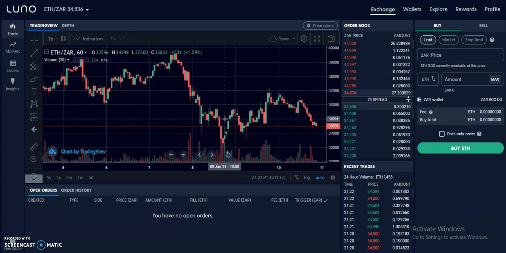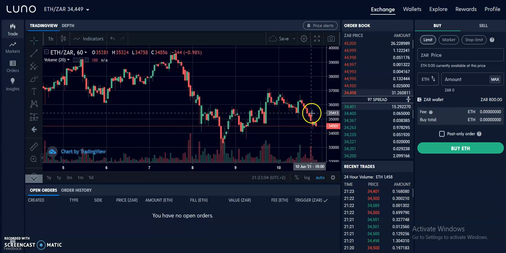Let's have a look. We've got a graph. You can see the history of the price and what the market is currently sitting at. We can adjust the time frame. At the moment we're sitting at an hour time frame, and each of these little bars is called a candlestick and represents one hour of trading.